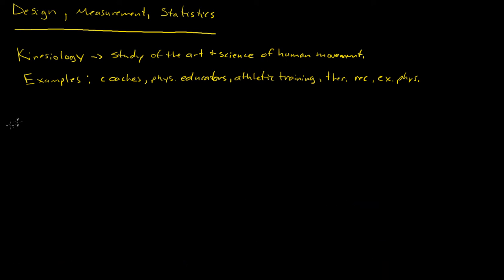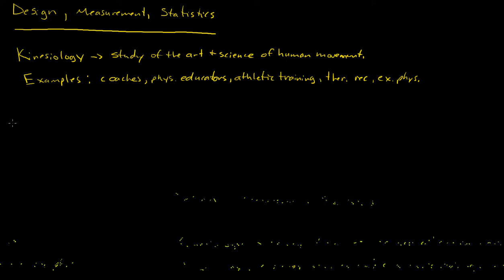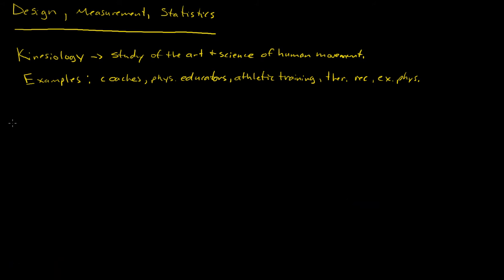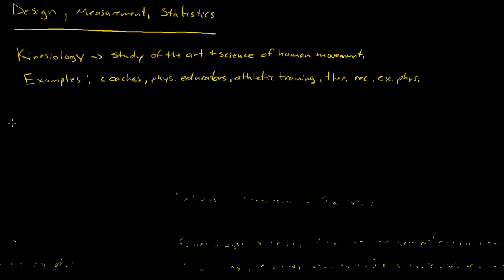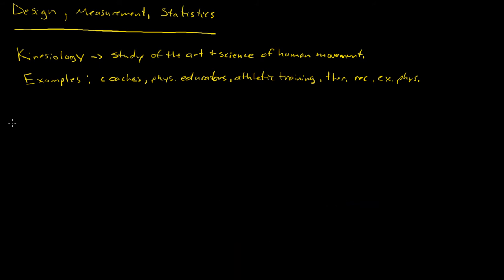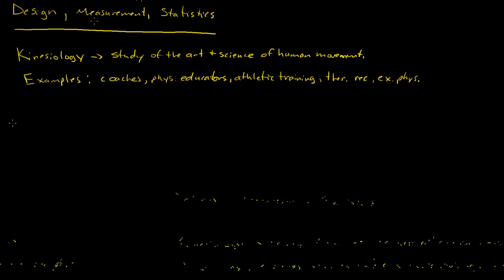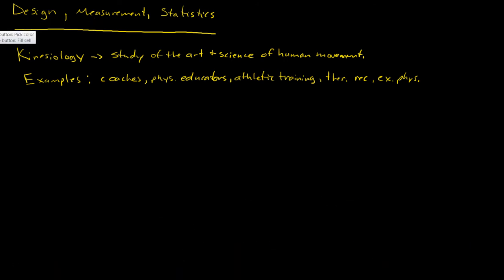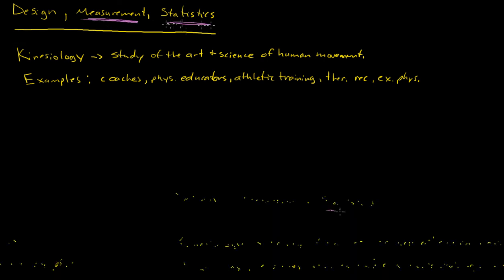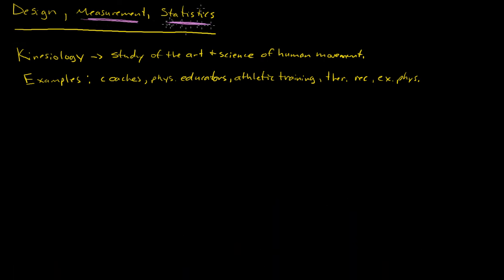The design piece really comes in more with the function of research. But outside of that, in your discipline, whatever you fall under in kinesiology, if you're a coach, physical educator, whatever, the principles of measurement and the principles of statistics still apply.